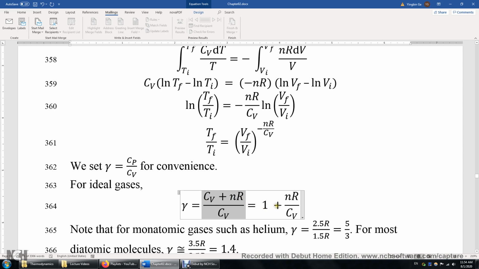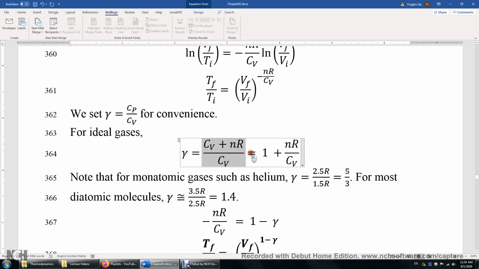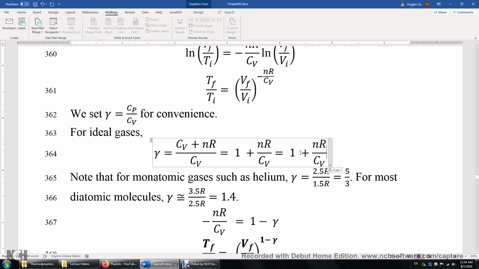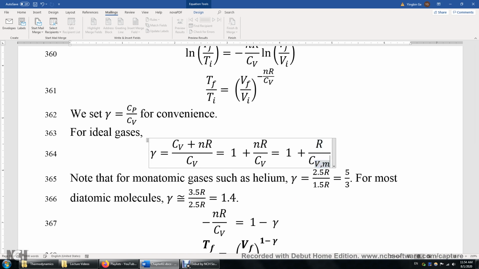Gamma is 1 plus nR over CV, or equivalently 1 plus R over CVm, where CVm is the molar heat capacity at constant volume.